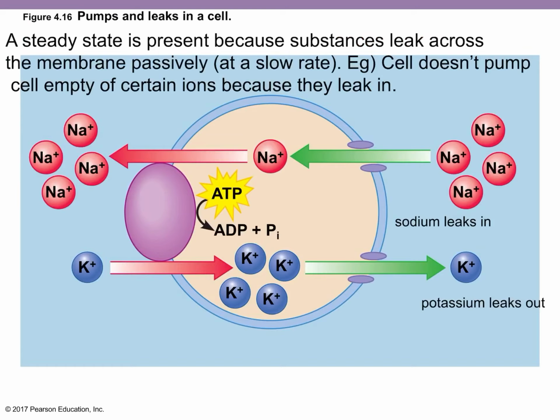It continuously has to work because there are also some leak channels in the membrane. So you can see that sodium does leak in through these channel proteins, and potassium does leak out. They leak according to their electrochemical gradient, the direction that they're moving. But the pump has to work constantly to maintain the different concentration gradients inside the cell and outside the cell.